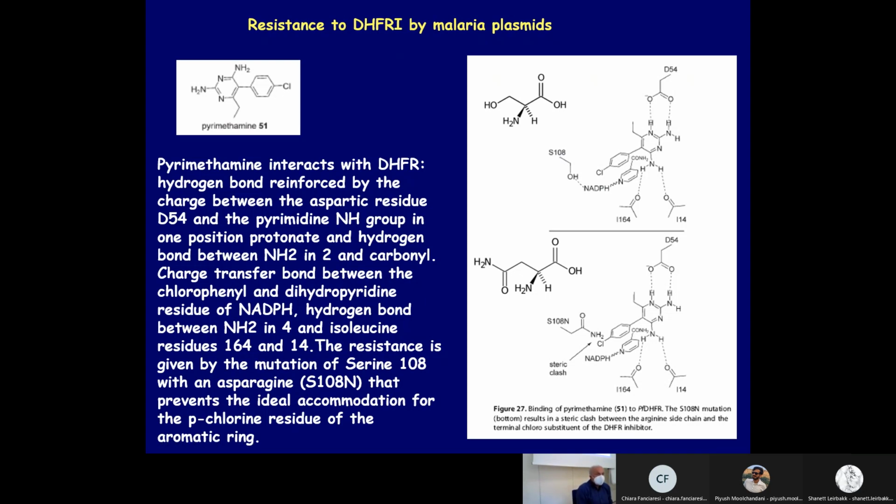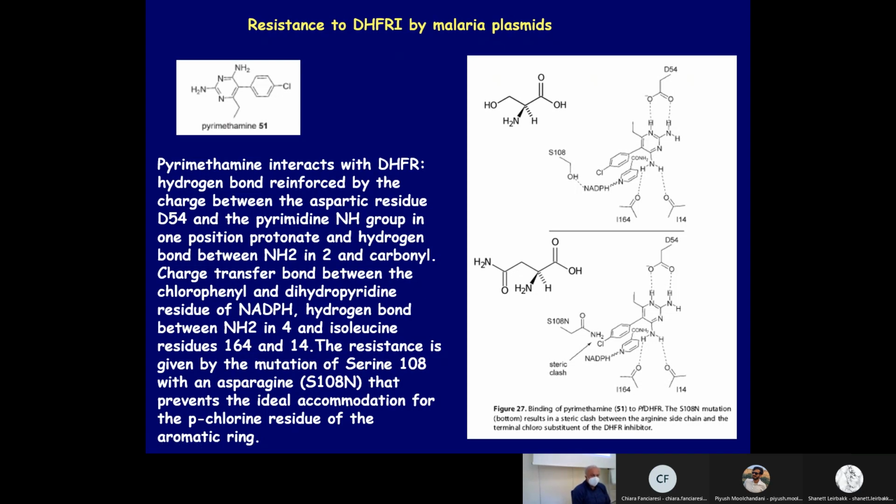In the resistant strain of plasmodium, it was observed a substitution of this serine 108. You remember perhaps the peculiar group of serine is the alcoholic OH, you see here.